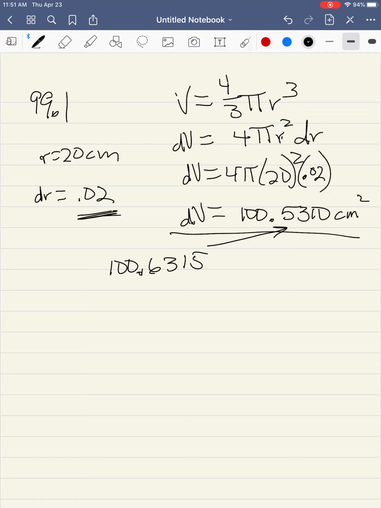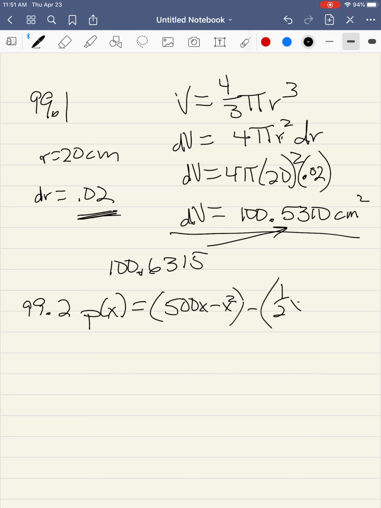Okay, on page 509, it says if x represents the number of units produced by a company in a given period, the profit P in dollars for the period is given by the equation P of x is equal to 500x minus x squared minus 1/2 x squared minus 72x plus 3,000.